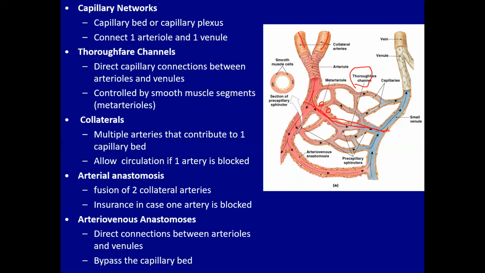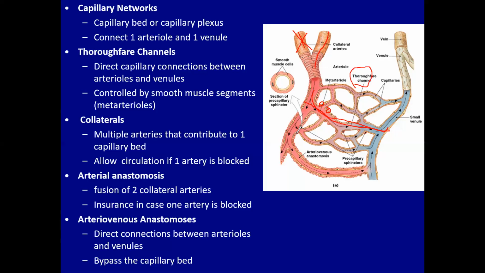We also have collaterals. So whenever you have two collateral arteries coming together, they come together at an arteriole. It allows for circulation if one of the arteries is blocked.